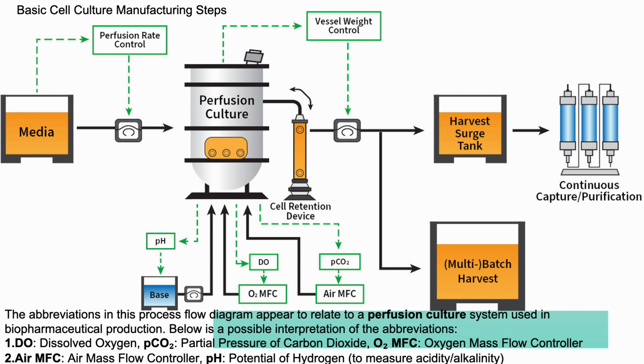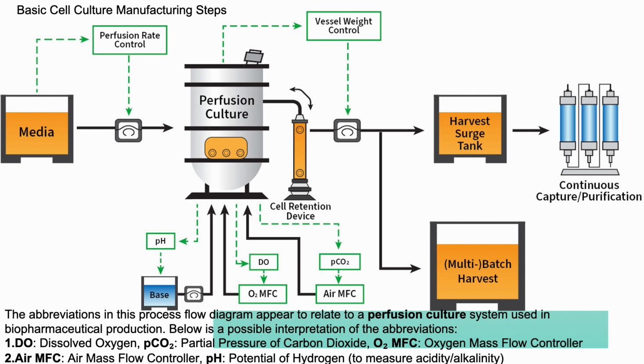And then, from the perfusion culture, we are going to collect our product. The product is going to end up in the harvest surge tank, where we are going to continue the capture and the purifications. At the same time, we are going to have multi-batch harvest as well.